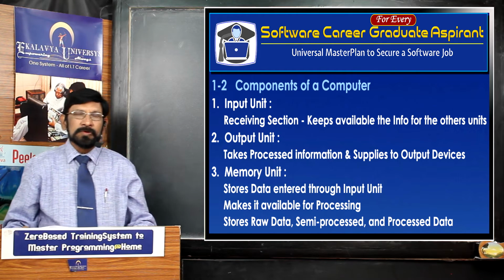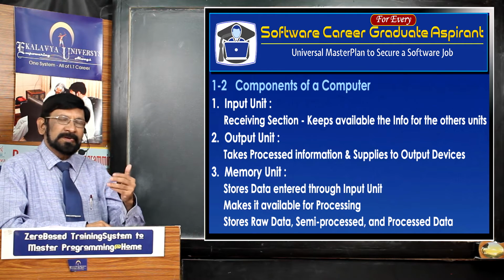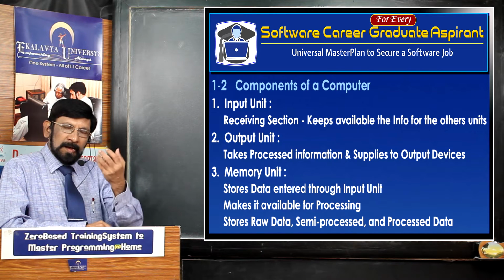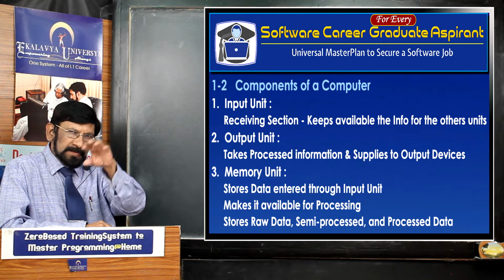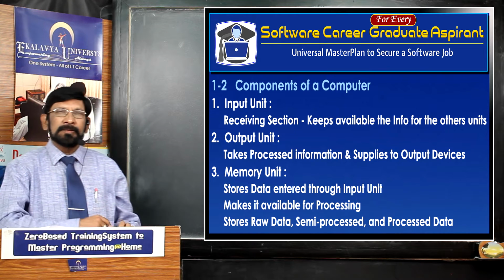Here, input unit. This is the receiving section. It receives all types of data, then that is stored in the computer. Here, data also you have to take in a broader meaning.